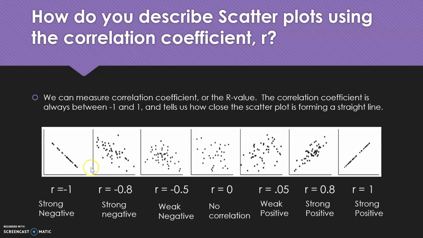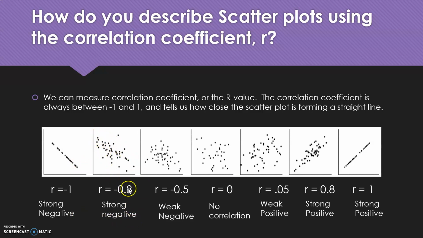Okay, so if you look left to right, we're going to start with strong negative. This is a -1. You can see how straight of a line that is forming. So that is a very strong correlation. And it's negative. You think about those slopes again, it's forming this negative slope here. So that's why it's strong negative. Now this is a strong negative as well.